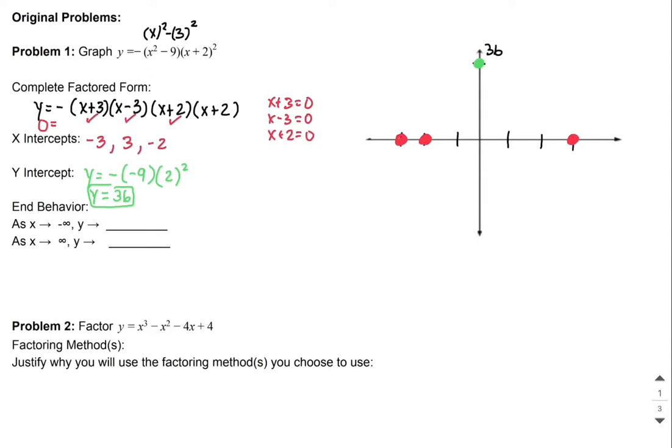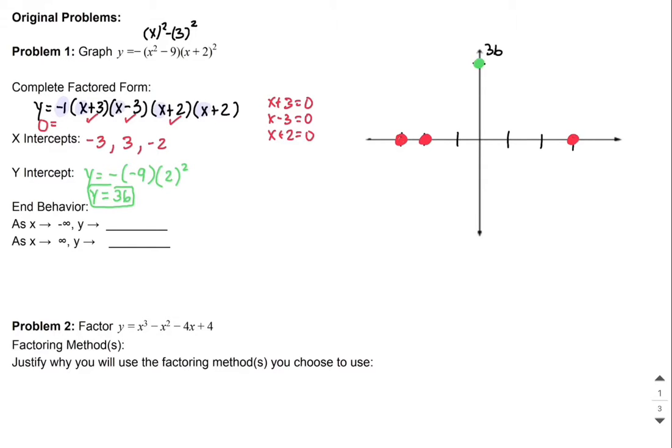And then I need to talk about what my end behavior is going to look like. If I were to multiply all of these terms together, I'm looking at my highest powers and multiplying those together to see what my highest power is, because that's going to tell me the degree of the equation, which is going to tell me the end behavior. I also need to multiply that negative 1 in front.